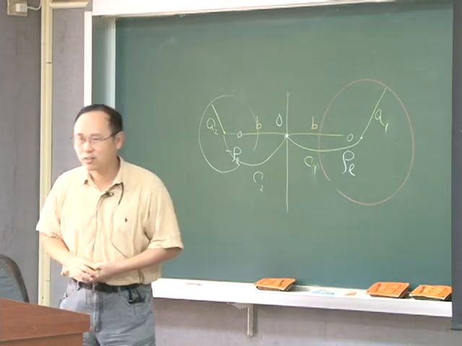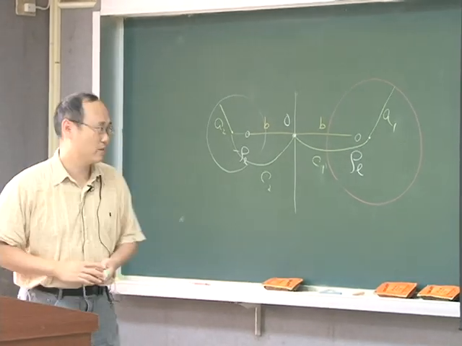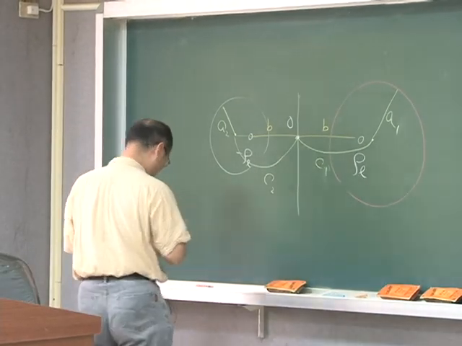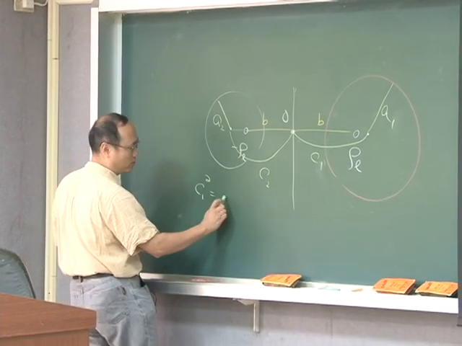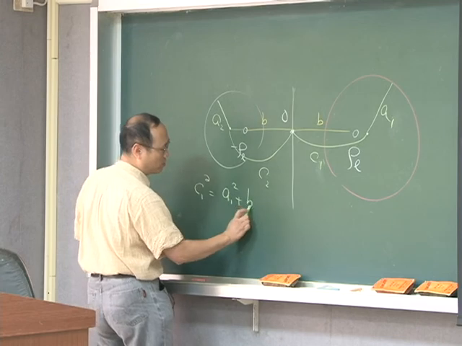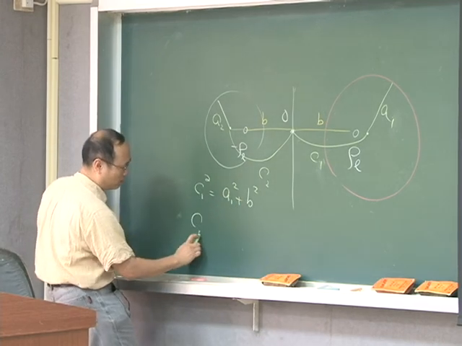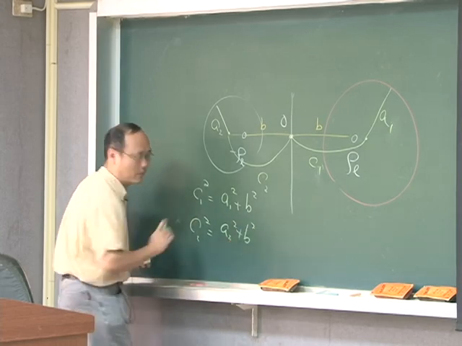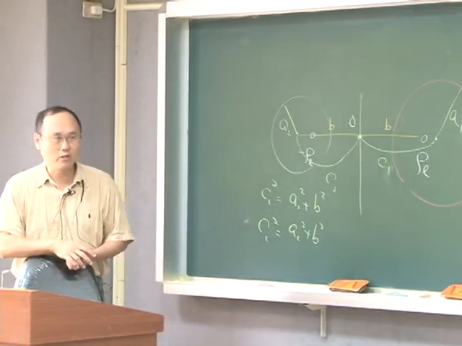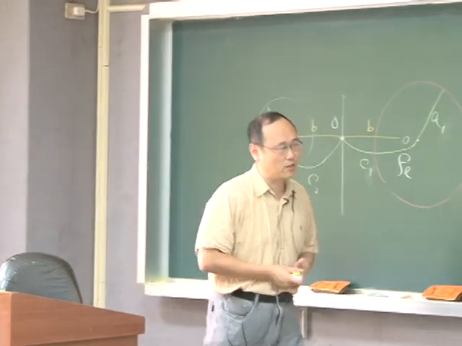And it turns out that there's a relationship between A, B, C. You have C1 squared equal to A1 squared plus B squared, and C2 squared equal to A2 squared plus B squared. Okay, this is the relationship we derived last time.